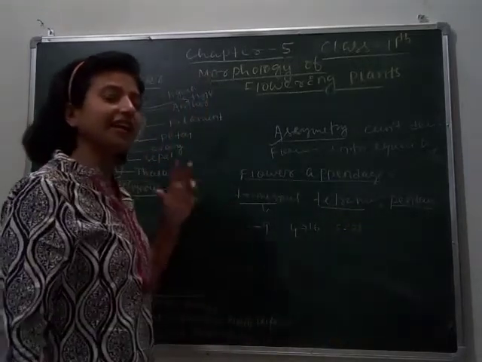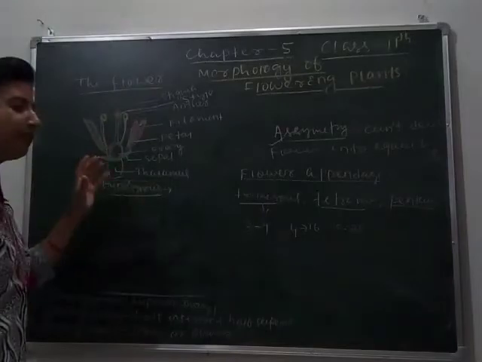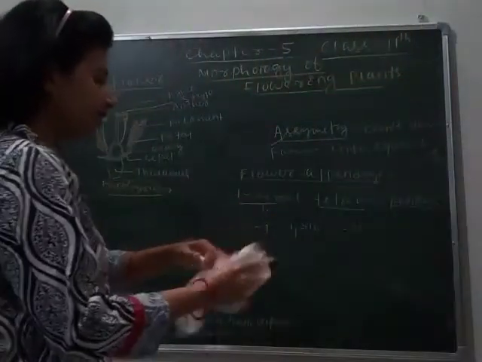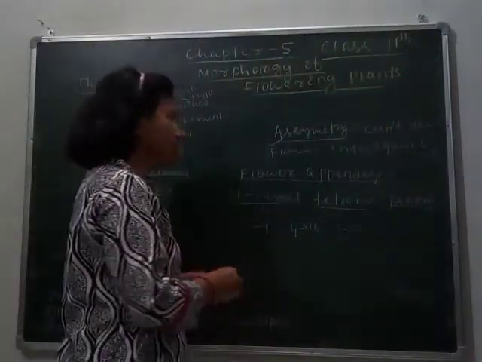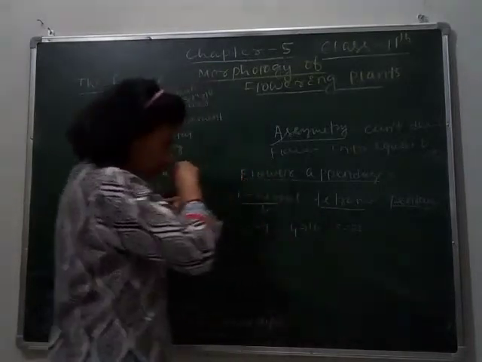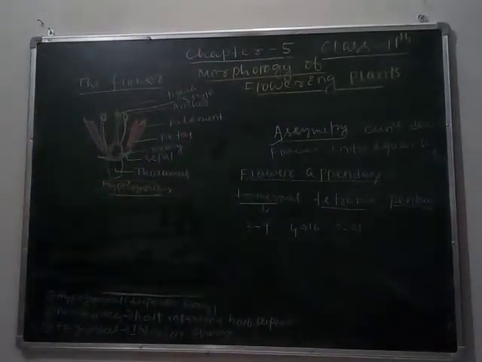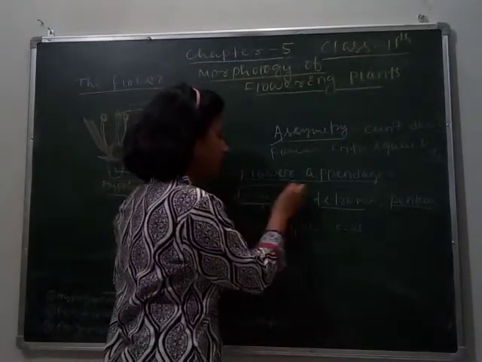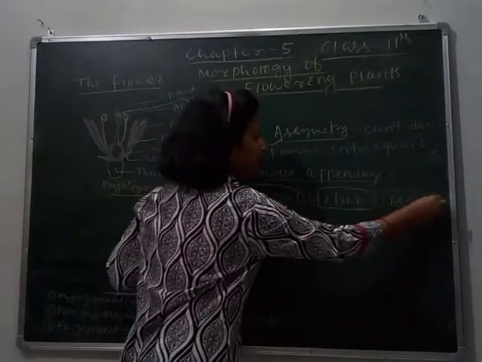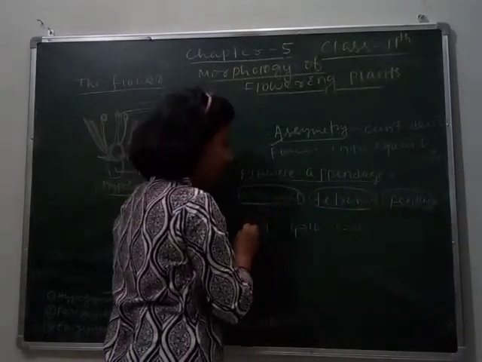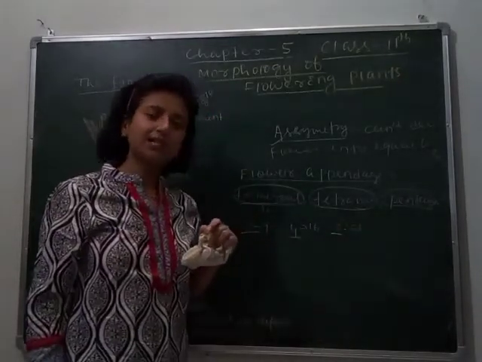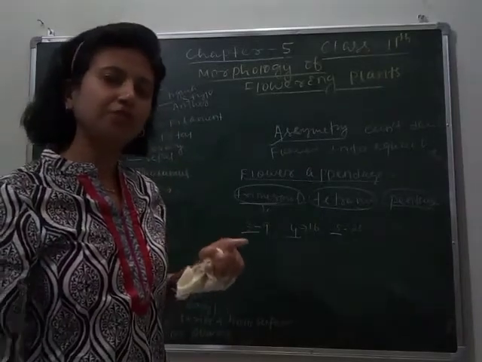Means when we count the different parts of the flower, how many sepals are present, how many petals are present, on this basis we can divide them. Depending on the floral appendages, the flower may be trimerous, tetramerous or pentamerous, means the number of sepals, petals, androecium, gynoecium the flower contains is a multiple of 3, 4 or 5.